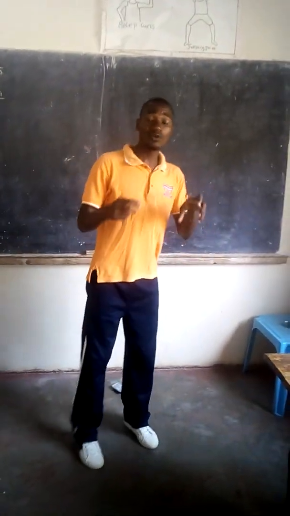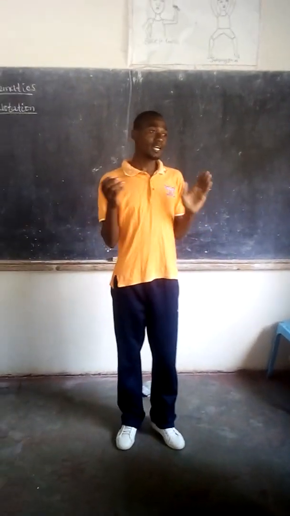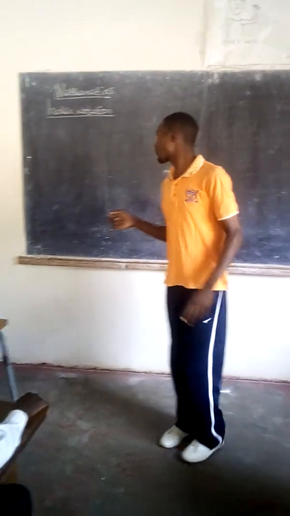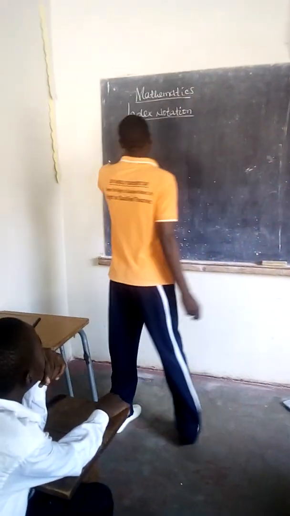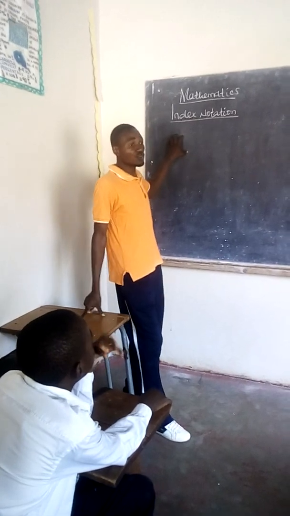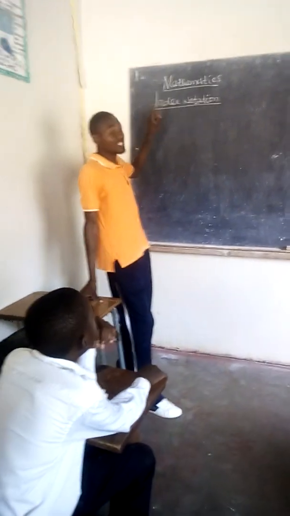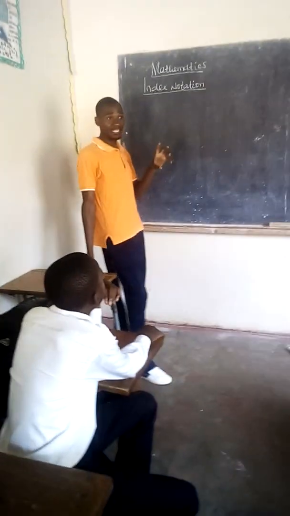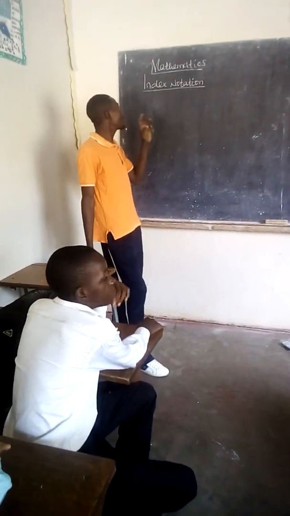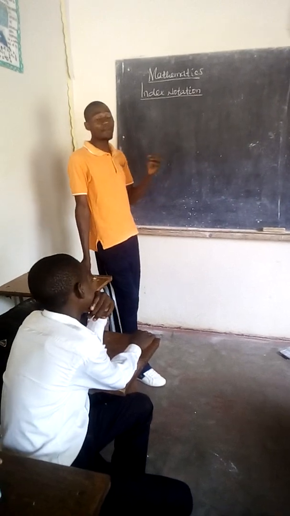The way it comes in different numbers: the number which has the power, that number which is on top, we say is called an index or exponent, or if it is not exponent, you say the power.